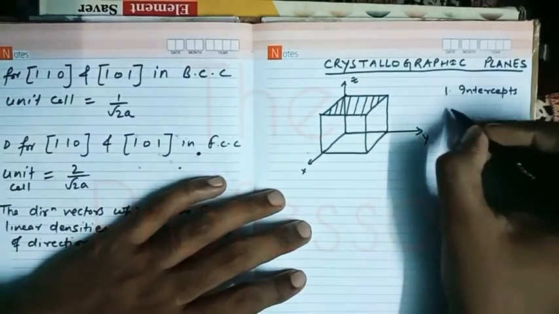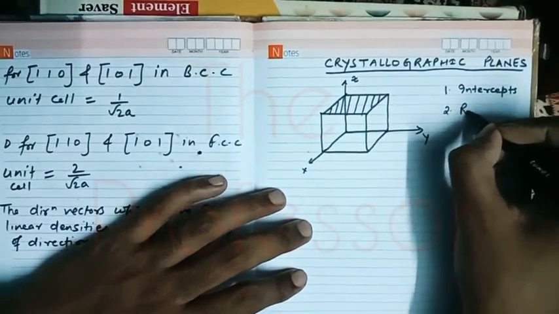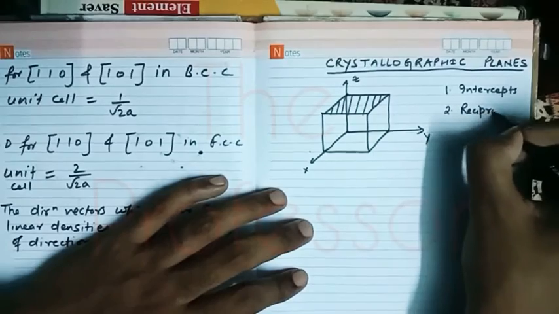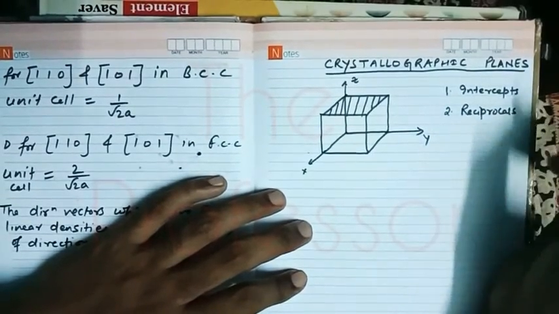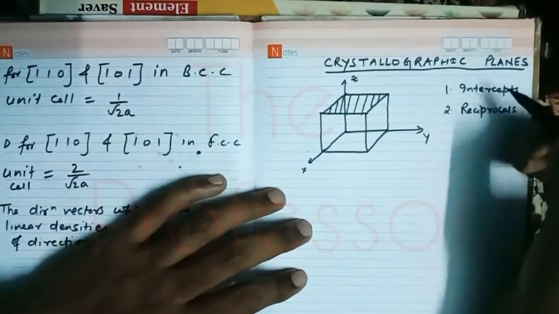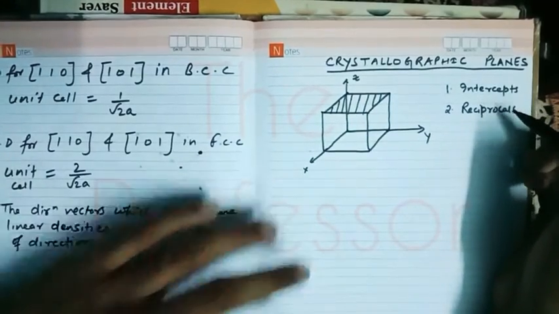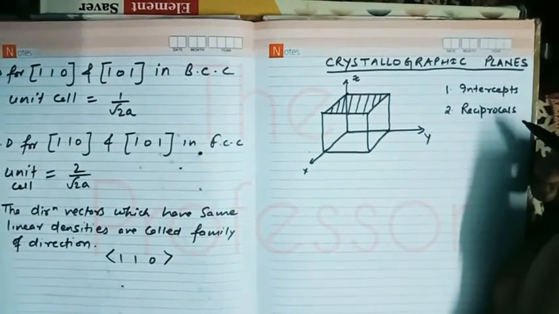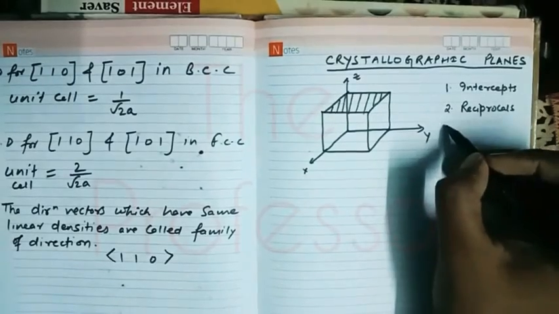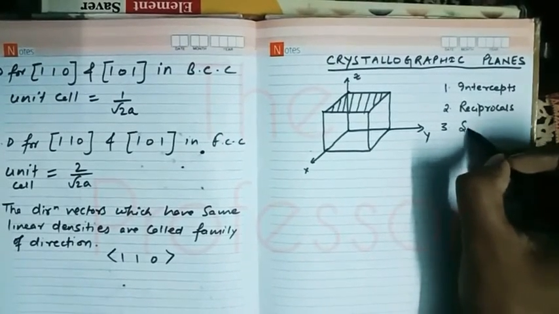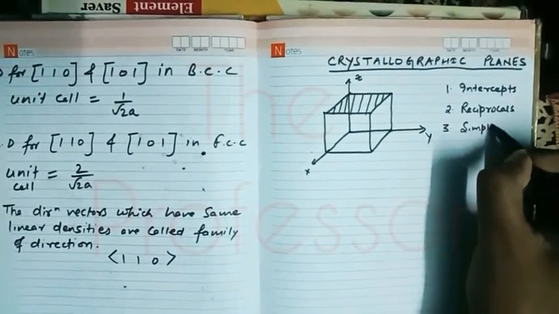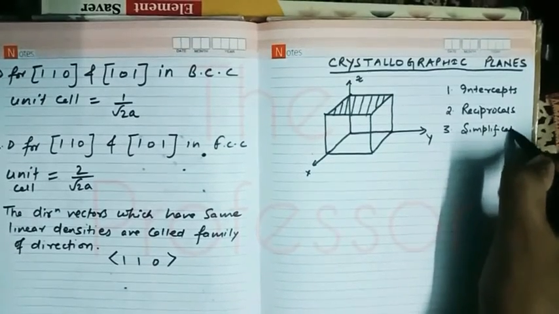The second step is to take reciprocal of the intercepts made by the plane. First of all, we will find out the intercepts, and the next step is to find out the reciprocals of the intercepts. And the third is simplification if required, right?